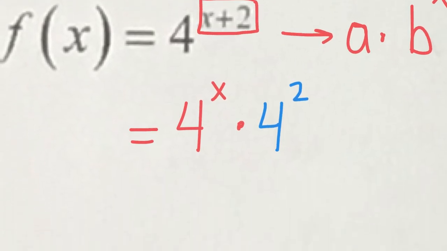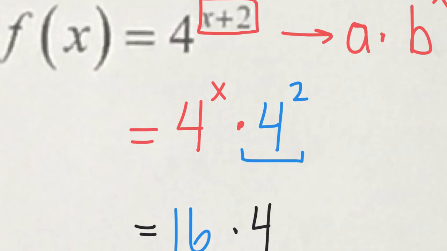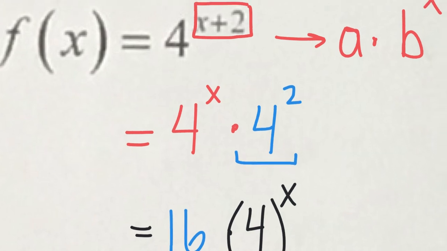Okay, so now let's evaluate what is 4 squared. That's the number 16. So 4 squared becomes a 16, and we leave our other thing alone, right? This is 16 times 4 to the x.